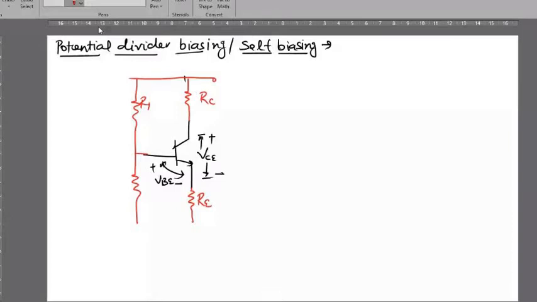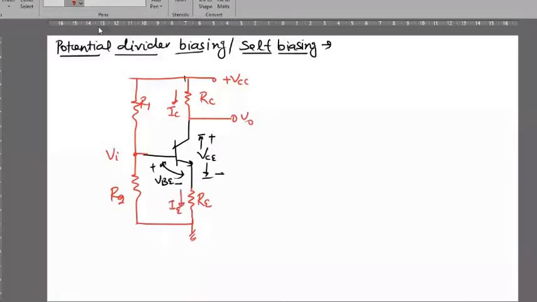This is called R2, and this is the input voltage, and here we collect the output voltage. This current is IC. This is voltage plus VCC. This current is IE.